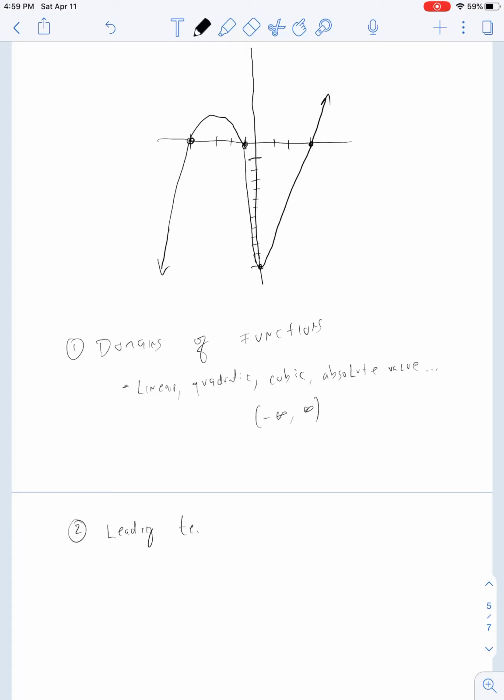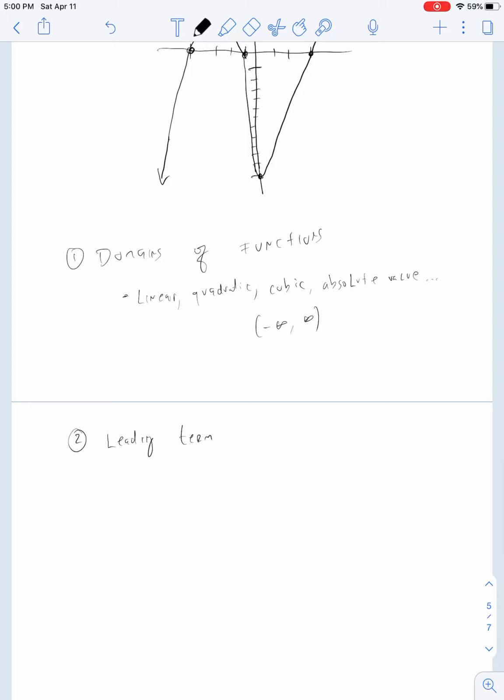Okay, let's take a look at the leading term. What the leading term tells us is that if we have an even leading term, all we know is that our graph can go like this, we don't know what the middle is, or can go like that.